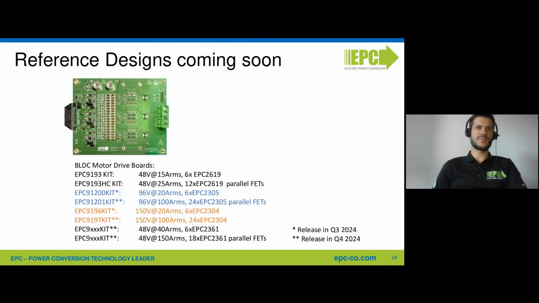And the same as in the previous case, there will be 2 different boards released in Q3 and Q4 of this year, one with a single device and one with the 4 devices in parallel.